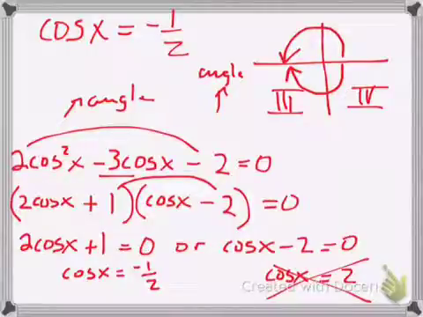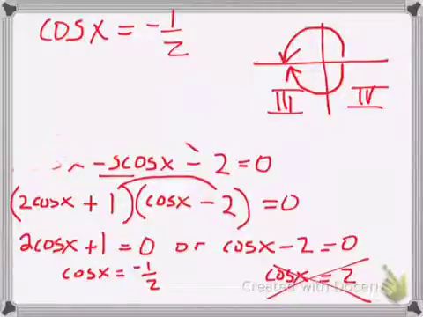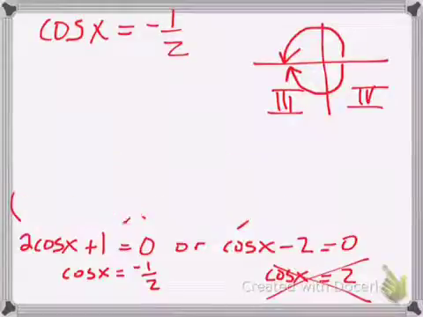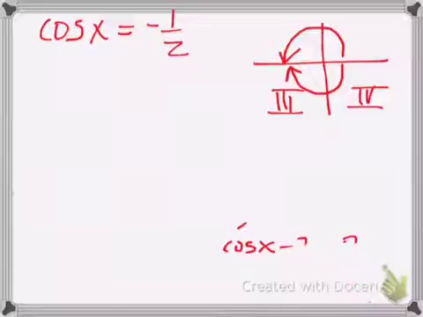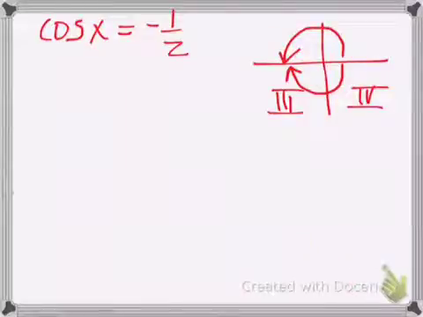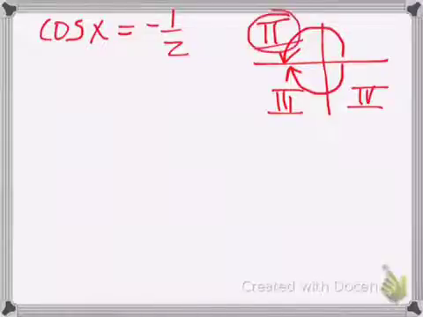And it's going to be in all 4 quadrants. Where is the cosine equal to -1/2? Quadrant 2 and quadrant 3? Okay, so I have one of my answers in quadrant 2, and one of my answers in quadrant 3.